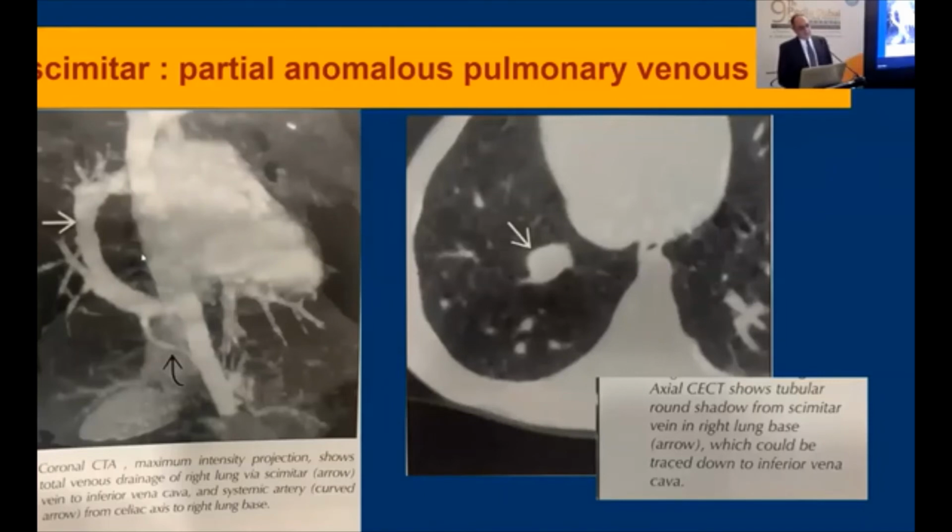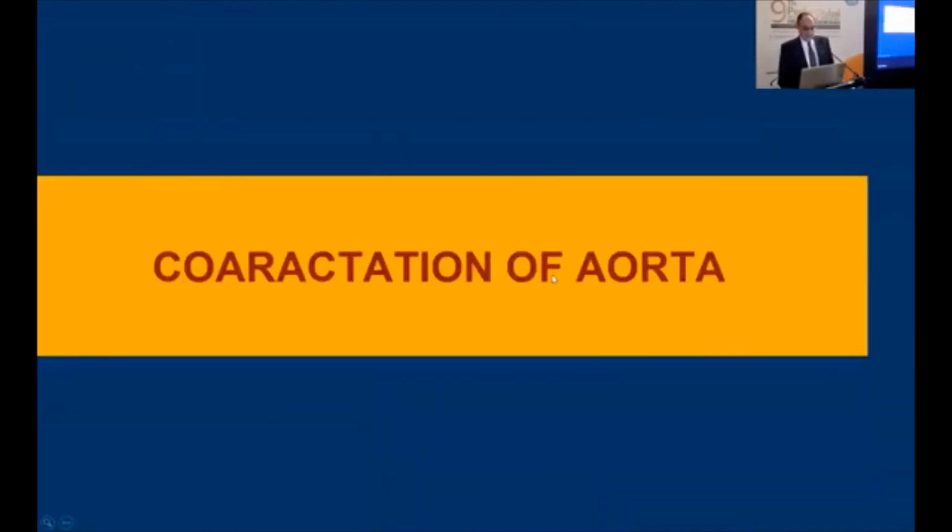Another example for the scimitar anomaly by CT scan. This reformatted image shows the length and the size of the draining vessels from the right lung, which drain into the inferior vena cava. And the axial image shows this tubular hyperdense structure in the right base. 3D for coarctation of the aorta.